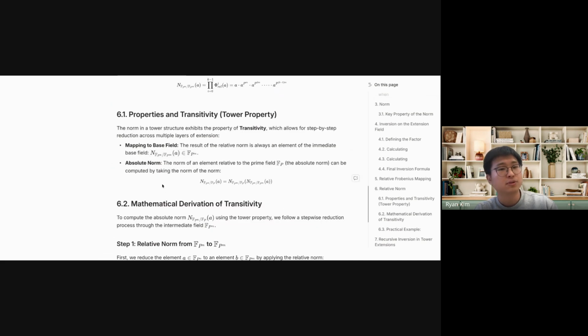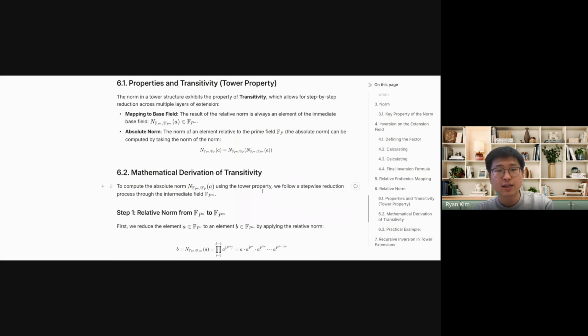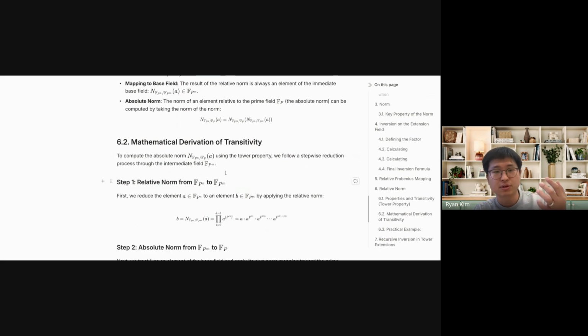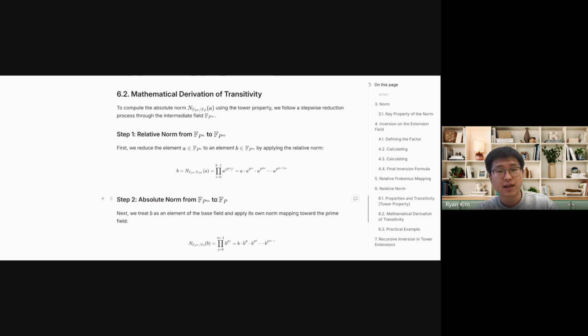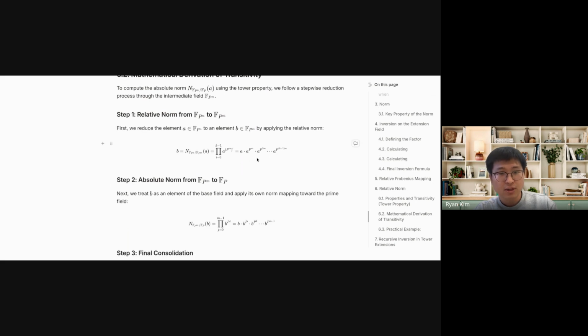And you can also compute the absolute norm using this equation, and I will unfold this equation with this. First, you need to compute the relative norm based on this equation, and then using this, you compute the absolute norm with respect to F_p, that will be like b times b to the p times b to the p squared, and so on.